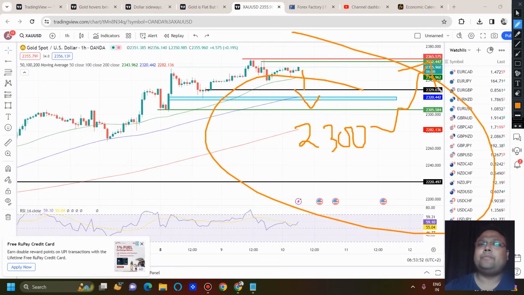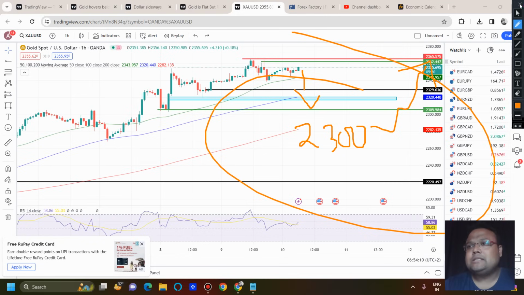If the Fed surprises us with something big, then things may change. But at this moment, I don't think the Fed will be doing something out of the box, and we can expect that gold will continue the upside.